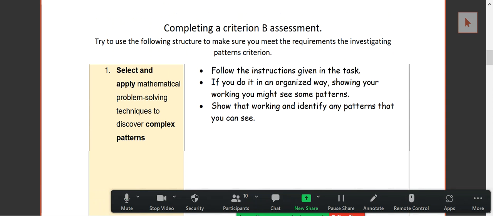First, it says follow the instructions given in the task. If you do it in an organized way, showing your working, you might see some patterns. If you're not very organized and you scribble all over the place or do bits in your head, you'll probably struggle to see the patterns. Then show the working you did and identify any patterns that you can see.